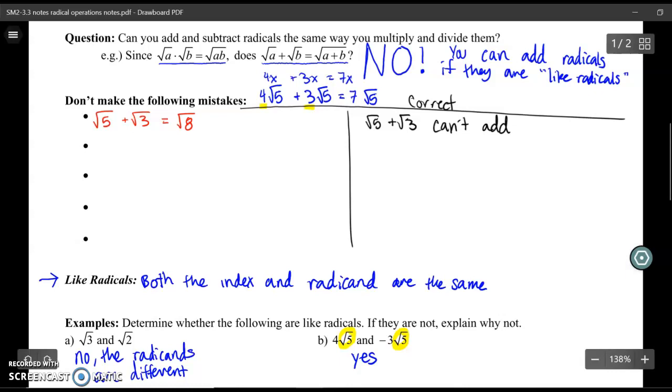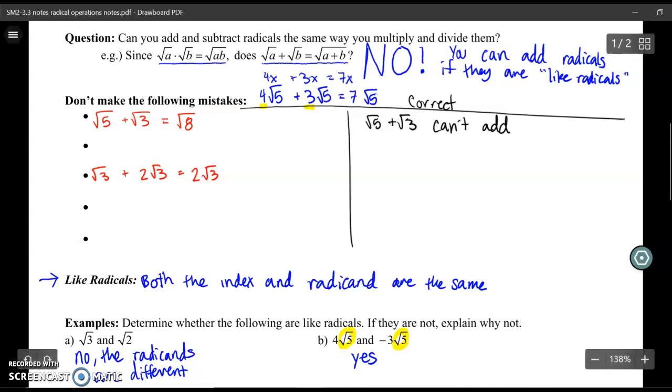Another common mistake we see a lot is, say I have the square root of 3 plus 2 square roots of 3. In this case, we have like radicals. We have 2 square roots of 3, and we're adding them together. Lots of times people will get 2 square roots of 3 for this answer. This is actually incorrect.